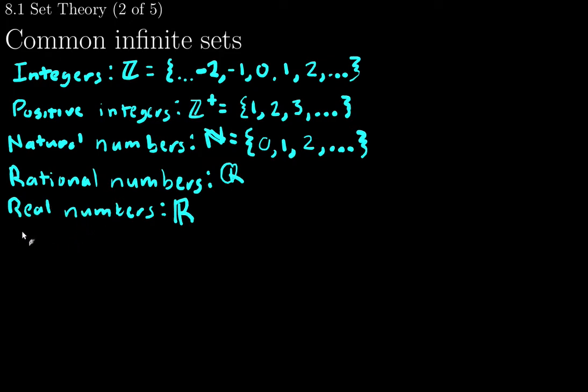And then the final thing we have is the complex numbers. We spoke a little bit about them when we were dealing with quadratics. That's a good way to introduce complex numbers, and that can be written as this C with a little extra bar. And so these are all sets of numbers. They are a collection of numbers, and they're all infinite because they have infinitely many numbers in each set.